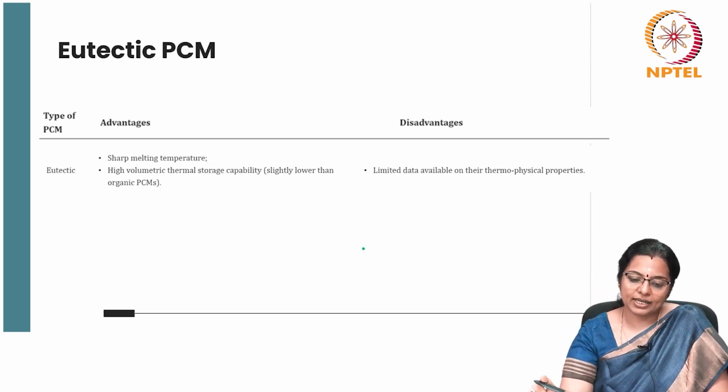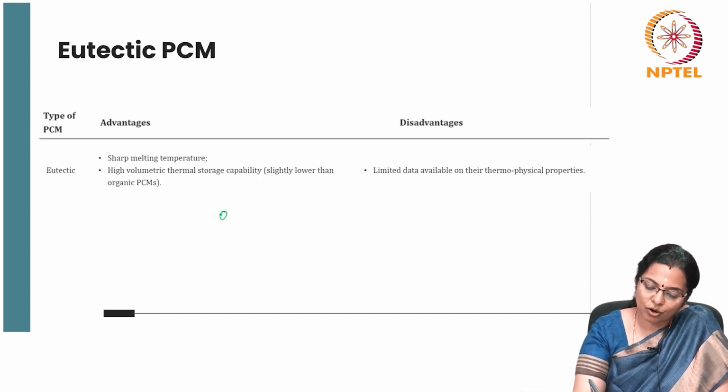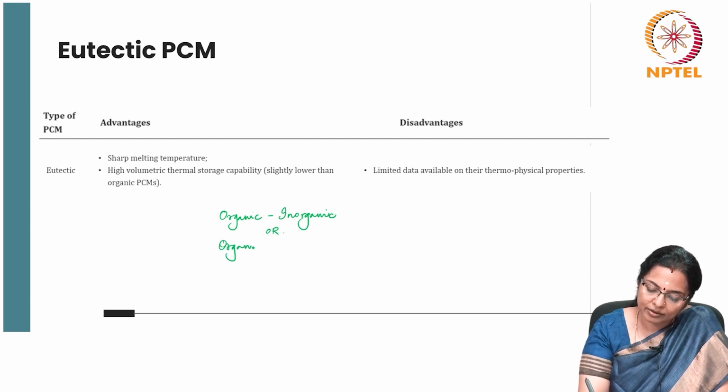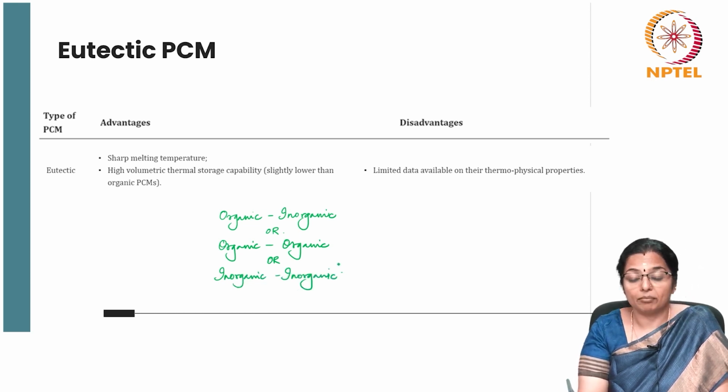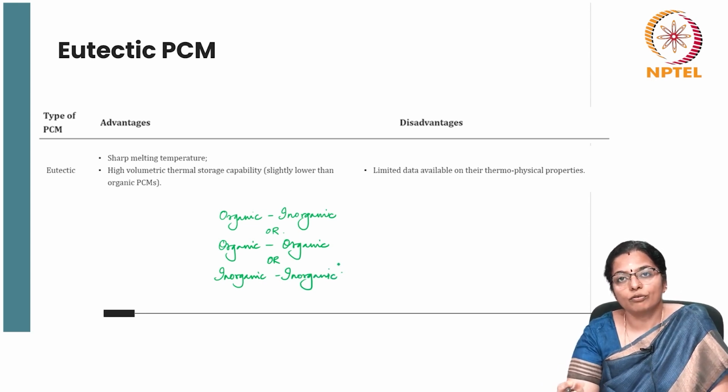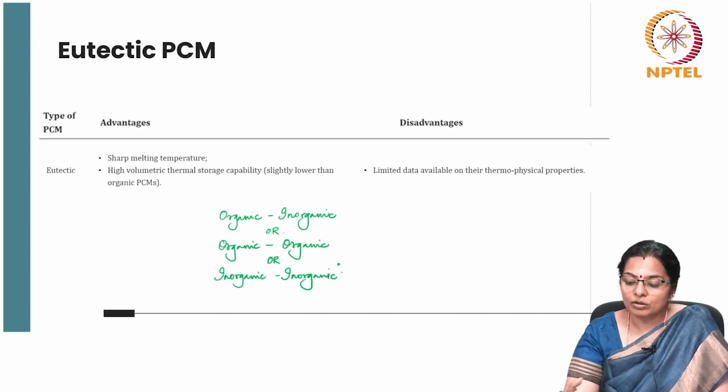Let us look at eutectic phase change materials. Now, these are based on the combination of organic and inorganic, or organic and organic, or inorganic and inorganic, which can make the best case scenario of the advantages of both and also eliminate the disadvantages of both.